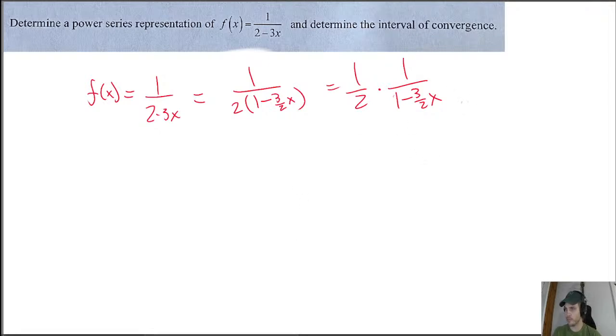And then if you know that 1 over 1 minus y equals the sum from n equals, I think, is it 1 or 0?